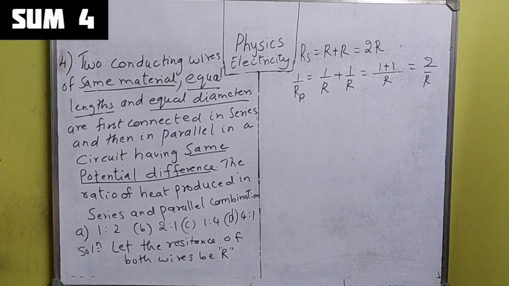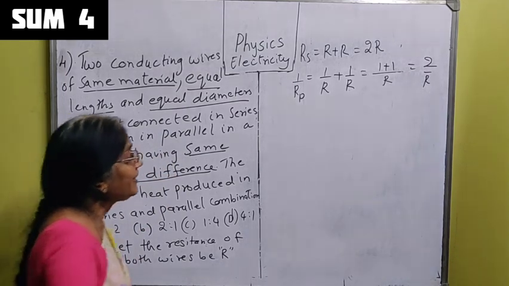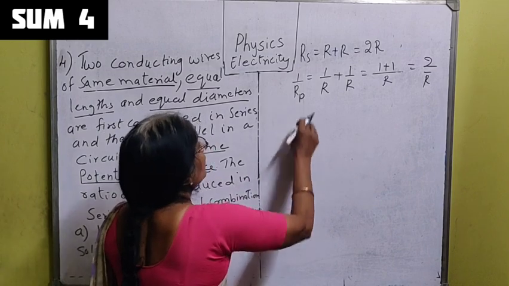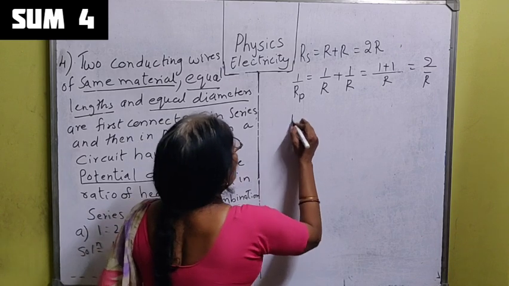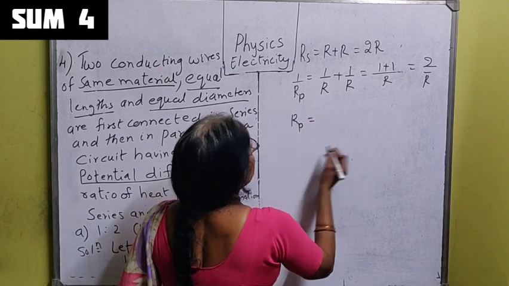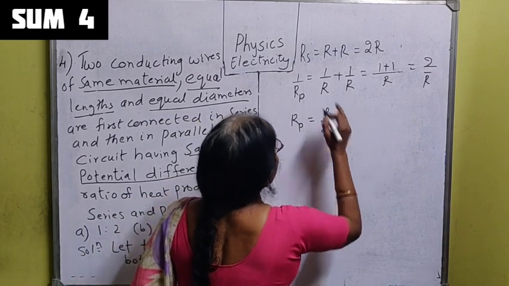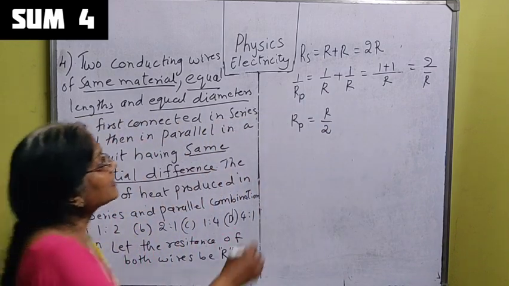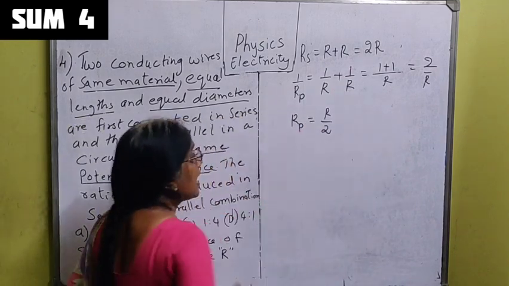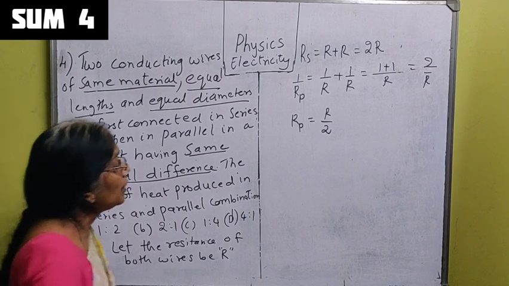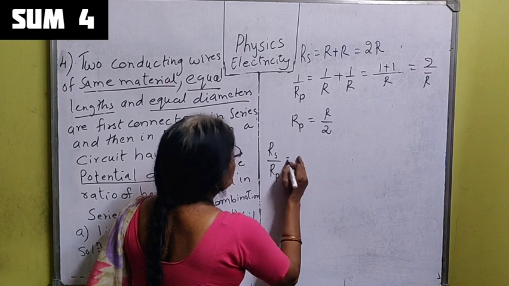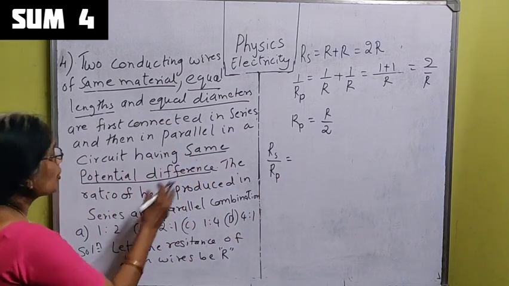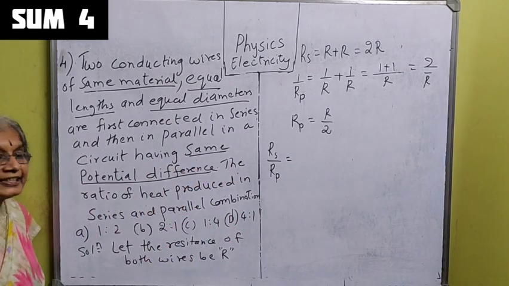So we have to find out the heat produced, which is the ratio of Rs to Rp. 1 by Rp we got as 2 by R, so Rp is the reciprocal, R by 2. So Rs you got as 2R and Rp you got as R by 2. So what is the ratio of Rs by Rp? That will give you the ratio of heat produced in series and parallel.